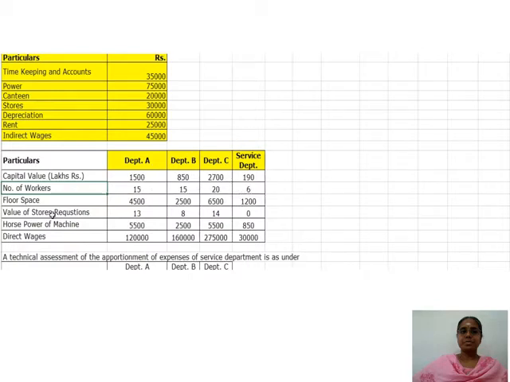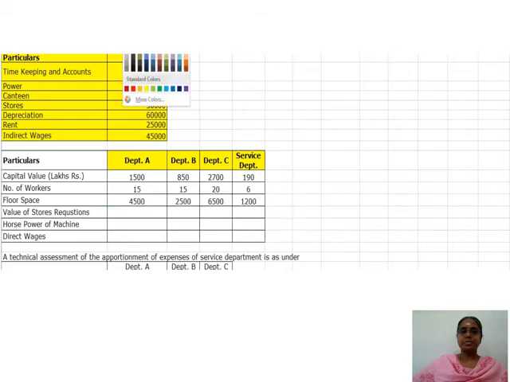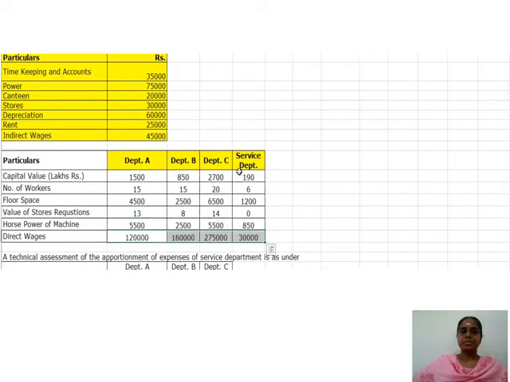The floor space is given. The value of store requisitions is given. The HP of the machines are given for the three departments and the service department. The direct wages of the three departments and service department. We have these data.